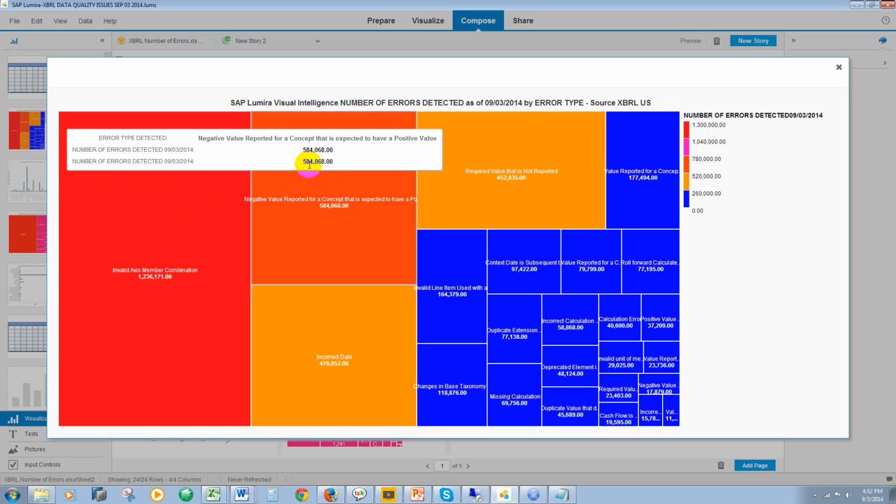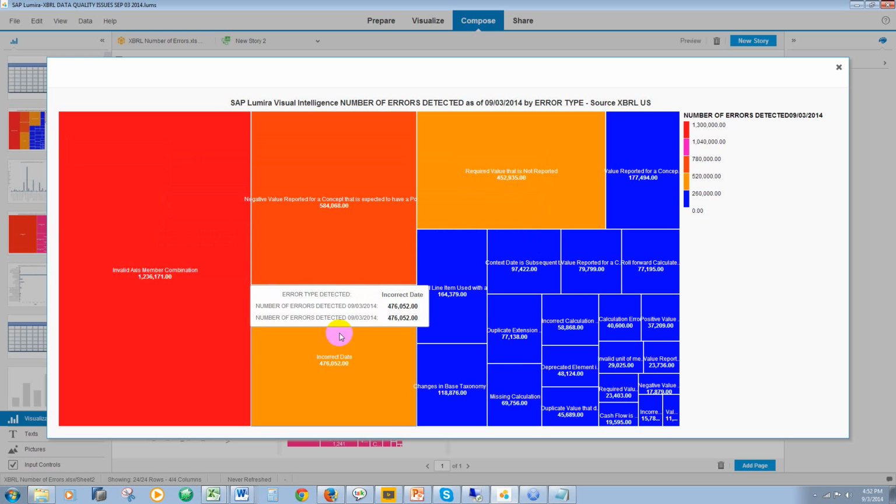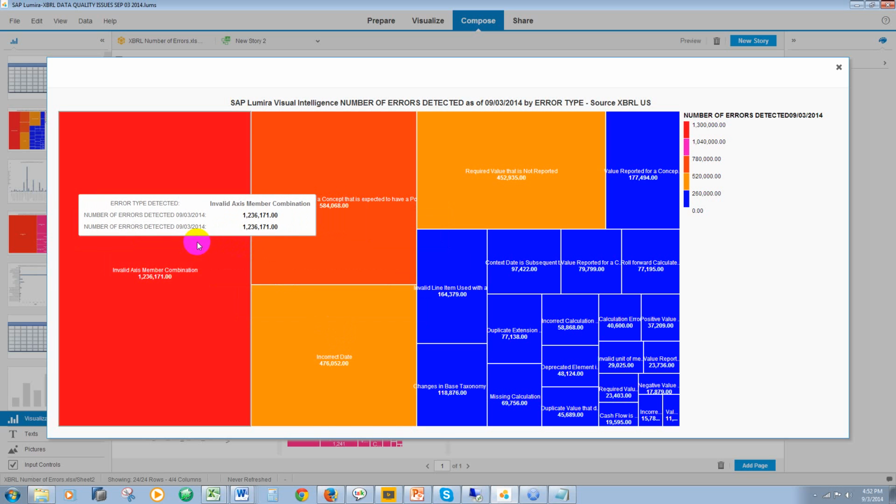And we are seeing that the negative value is 584,068, which affects the financial semantics and the accuracy of digital financial reporting. We also see that incorrect date errors are 476,052, which also affects the accuracy of the financial reporting. And of course, the invalid axis member combination affects the comparability of the XBRL data.